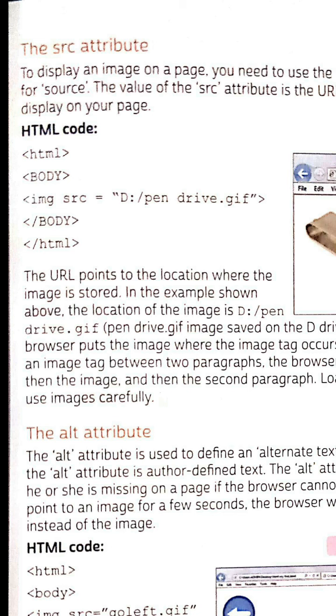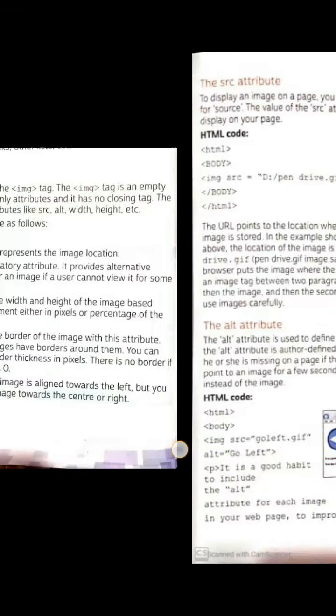So, you should use images very carefully to display on the page. Hope students, you got it? If you want to display any image on your page, which tag do you have to add? The src attribute. Now come to the alt attribute.